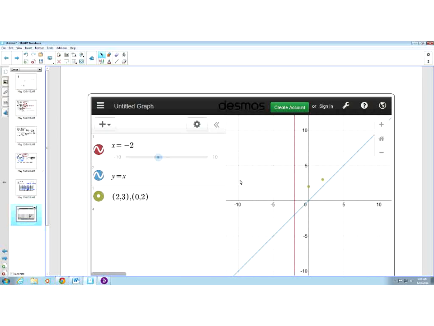Now, we know from the table of signs that from negative 2 to 2, the graph is above the x-axis. So let's demonstrate that.